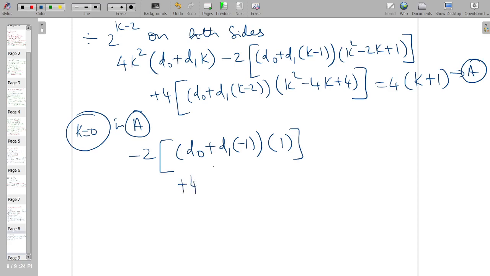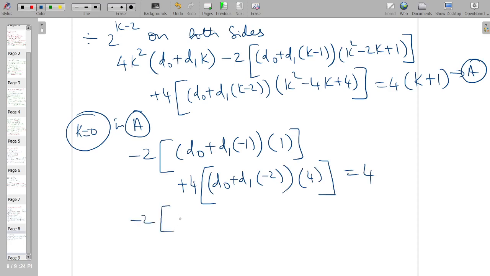Plus 4 times d naught plus d1 into minus 2, multiplied with 4, and this would also be 4. So I will have minus 2 into d naught minus d1 plus 16 into d naught minus 2 d1 is equal to 4.